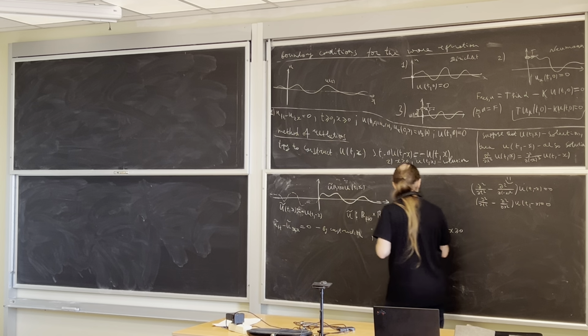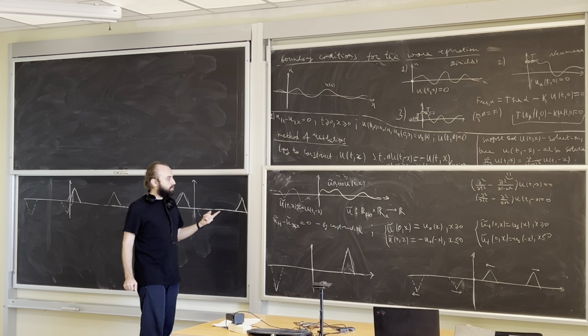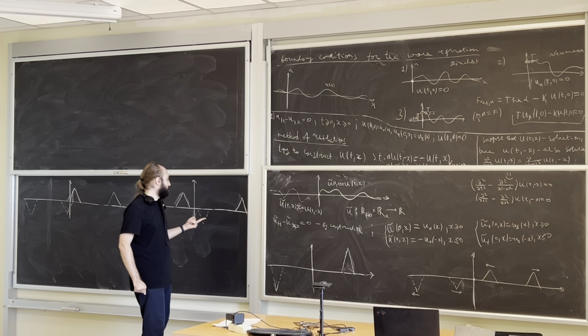We don't see what's happening on the negative ray, because it is just a formal continuation of our solution. But we see what's happening here. We have this triangle, and we have an inversion of this triangle.